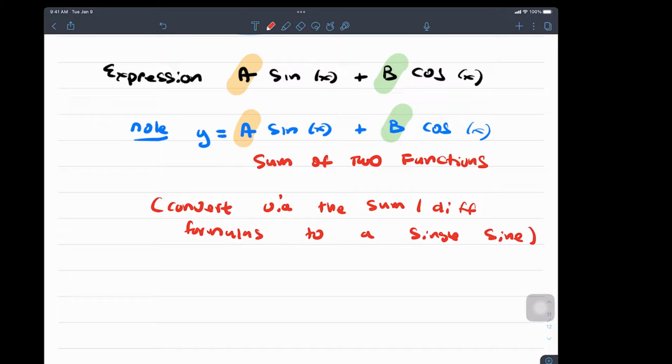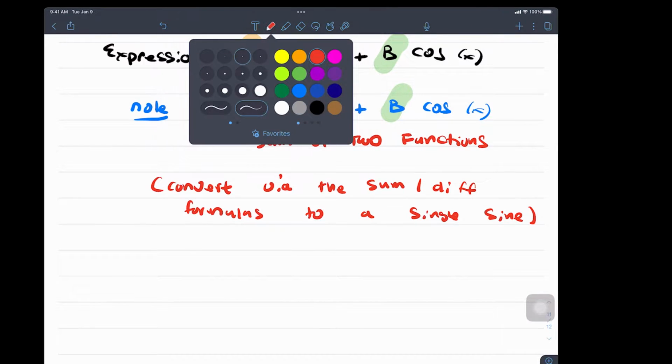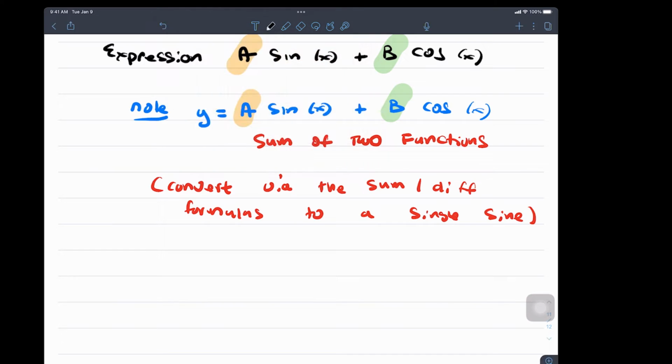That's the idea. You convert to the single sine here. So let me share with you guys how that's done. I'm going to give you guys a fact, and I'm going to prove it to you. You say, what's the fact?